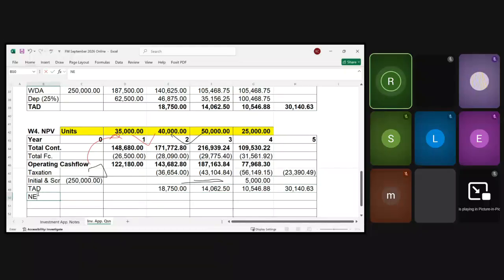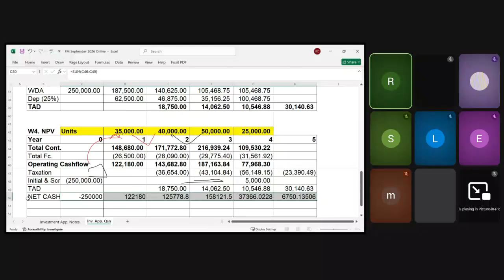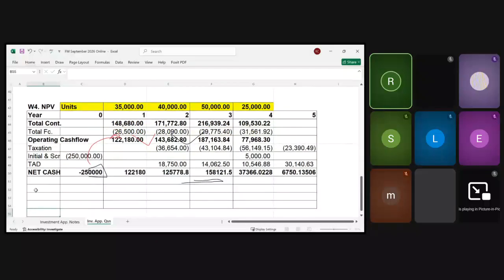And then I can have my net cash flow here. I'm going to add from operating cash flow down there, add everything, and I drag up to year 5. These are the net cash flows that I want to tax.